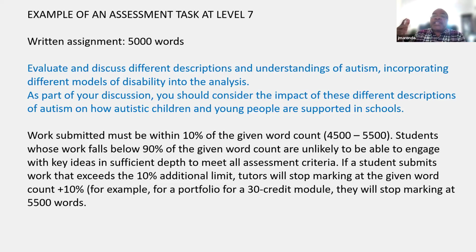So having isolated those key elements, you might then want to go and identify key ideas that relate to these restrictions, that relate to these descriptions, that relate to different models, and that relate to the impact on autism.